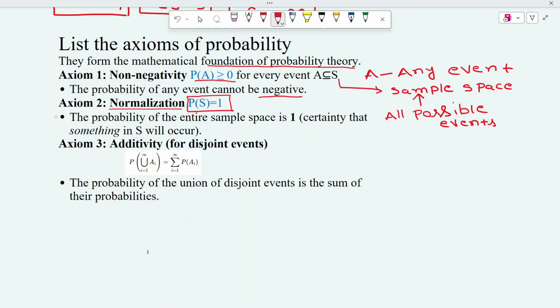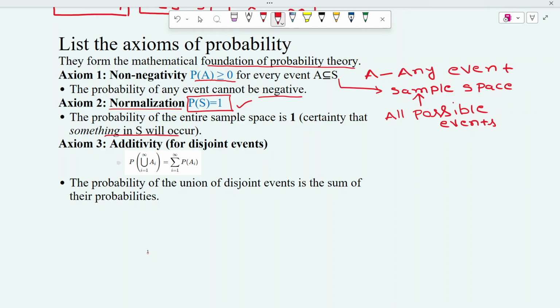So if you take any event from that sample space, it will definitely occur. That is why the probability of the sample space is 1. So this is the second axiom.